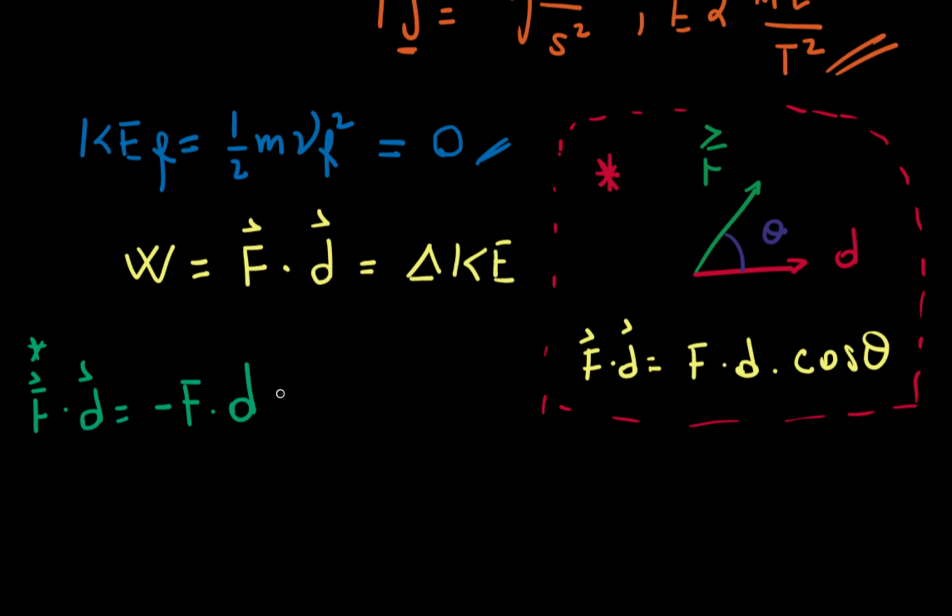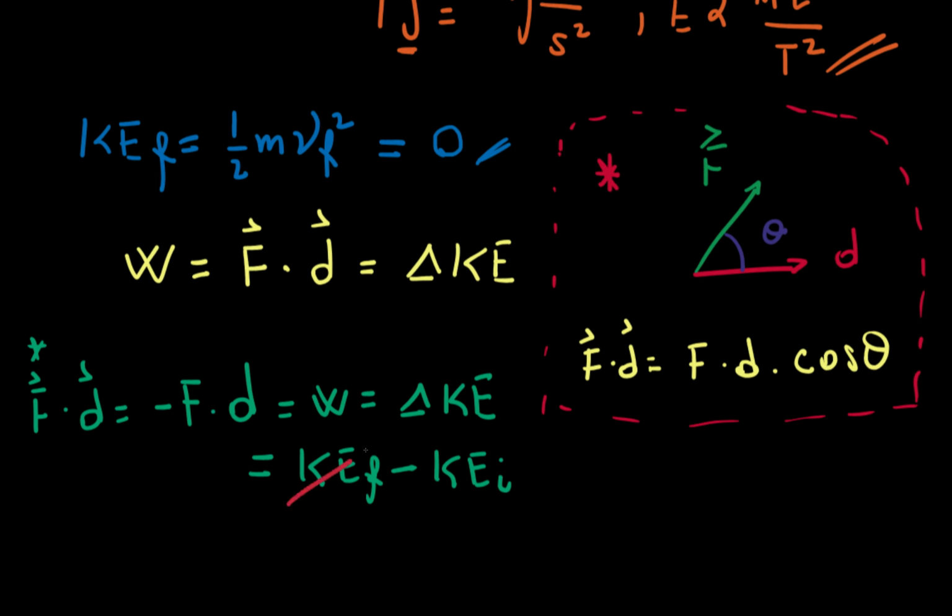Now this is the work, which is equal to the change in kinetic energy, which is also equal to the kinetic energy final minus kinetic energy initial. But if you remember, for our problem, what was kinetic energy final? It was 0, right? Great.